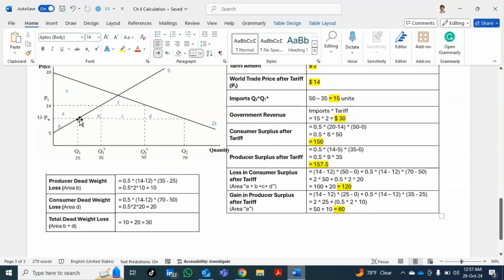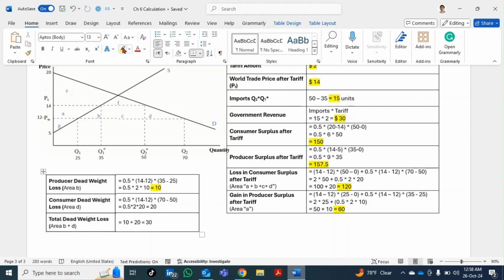Half of the area means we will start from 0.5 multiplied by the difference between the price, 14 minus 12, and the difference between quantity, 35 minus 25. So 0.5 multiplied by 2 multiplied by 10. So the answer is 10. That is a deadweight loss for the producer, that's the efficiency loss as well.